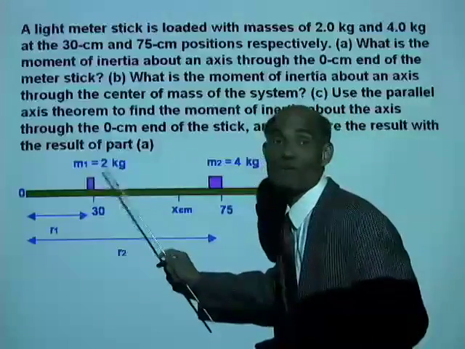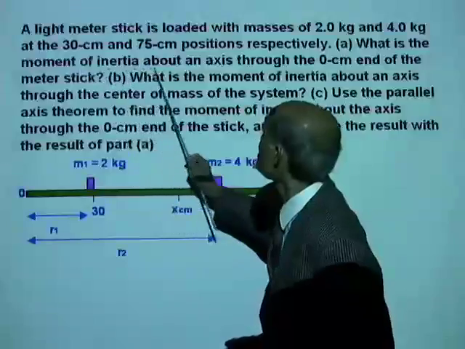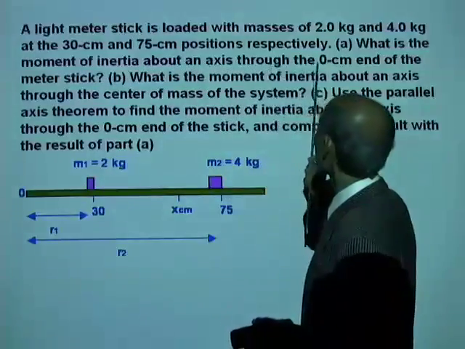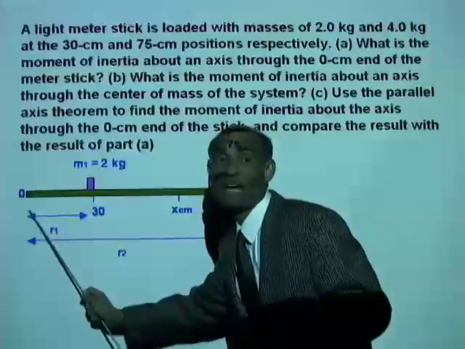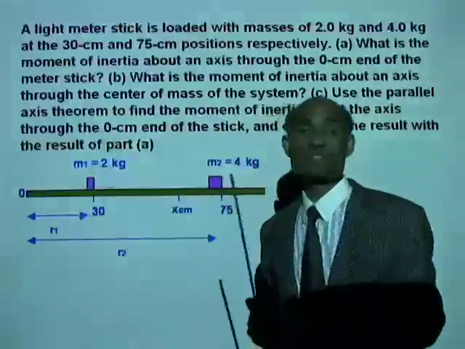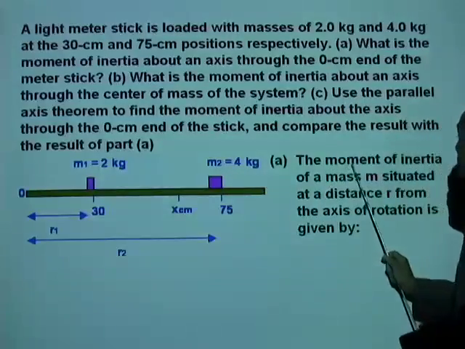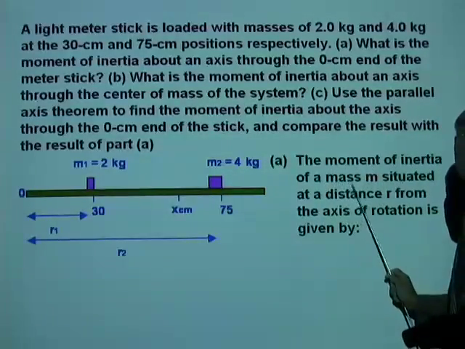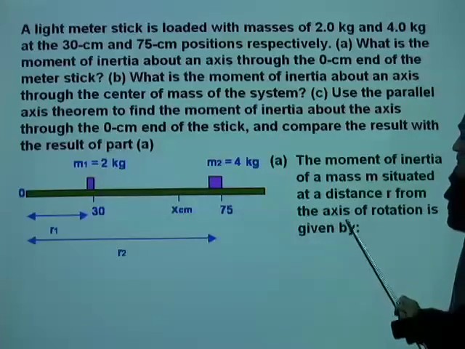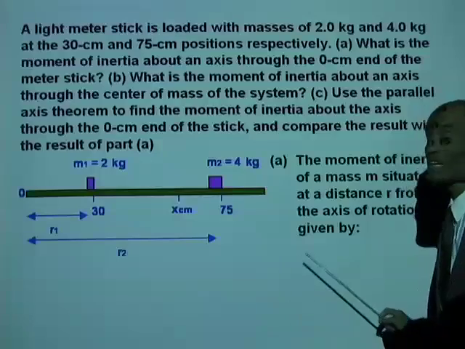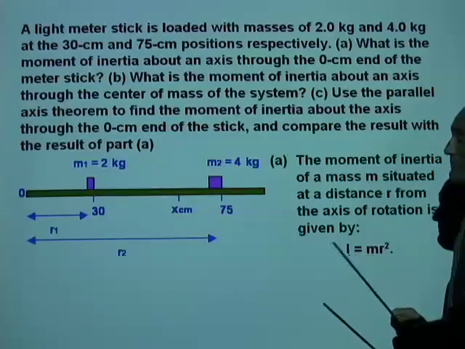So now, in part A, we want to find the moment of inertia about an axis through the 0 centimeter end. That means about an axis passing through the 0 centimeter of the meter stick. The moment of inertia of a mass m situated at a distance r from the axis of rotation is given by I equal to mr squared.